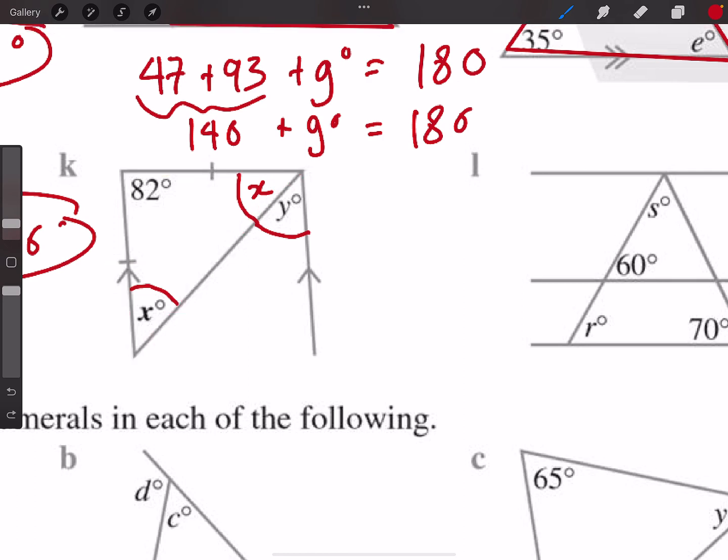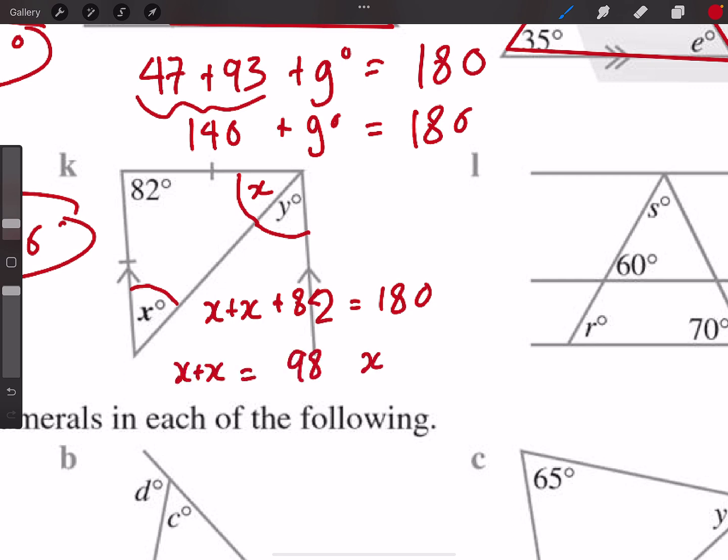So let's work out what X is first. You have X plus X plus 82 equal to 180. So 180 take away 82, what is that? That will be 98. So X plus X is equal to 98.